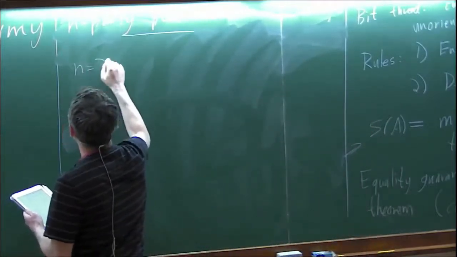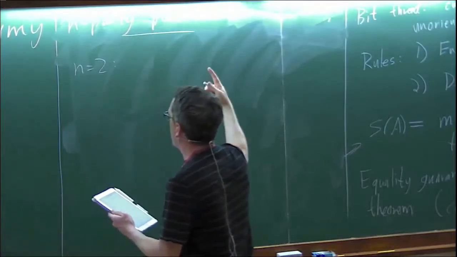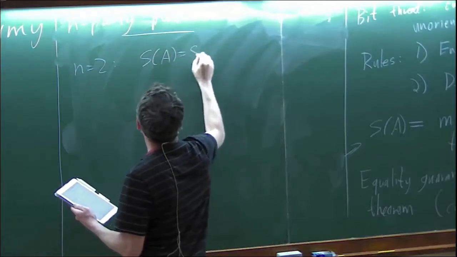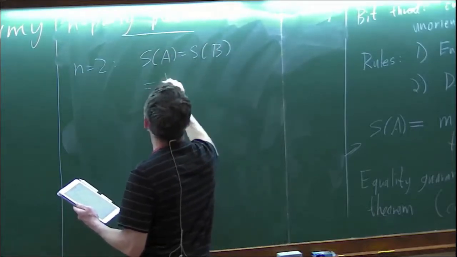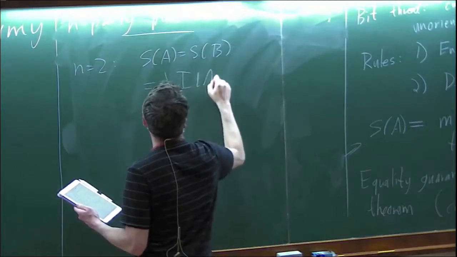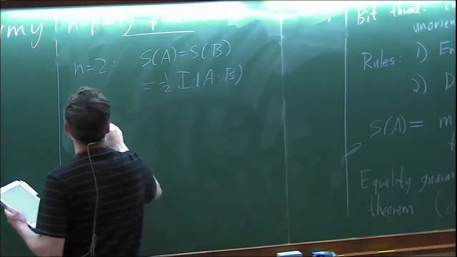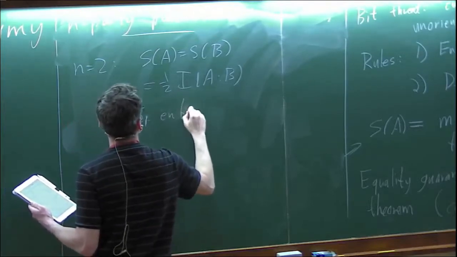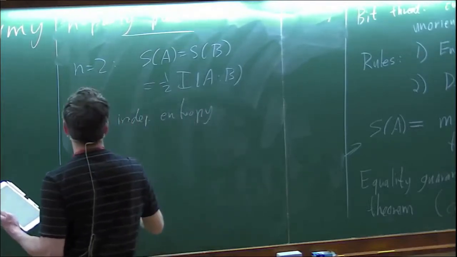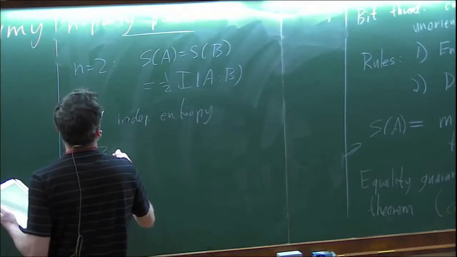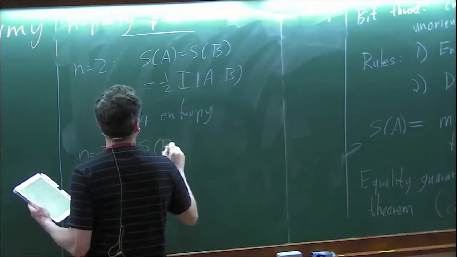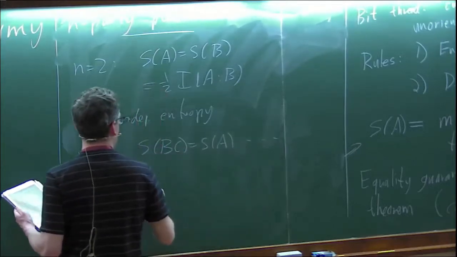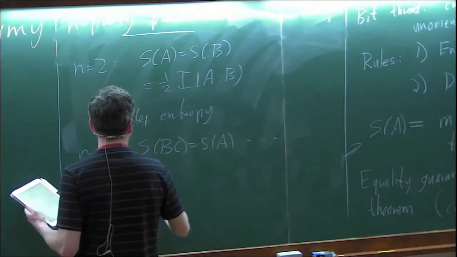Basically what I want to know is how many variables we have. Here there's one independent entropy. For n equals 3, we have S of BC equals S of A, etc., and so we have 3 independent entropies.